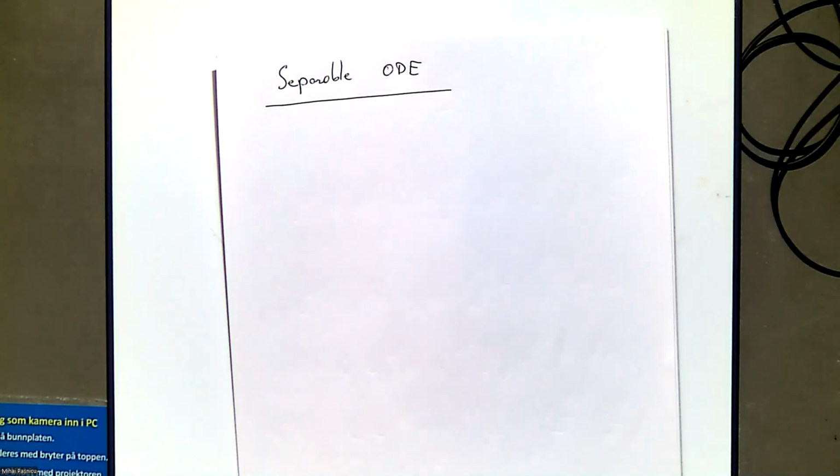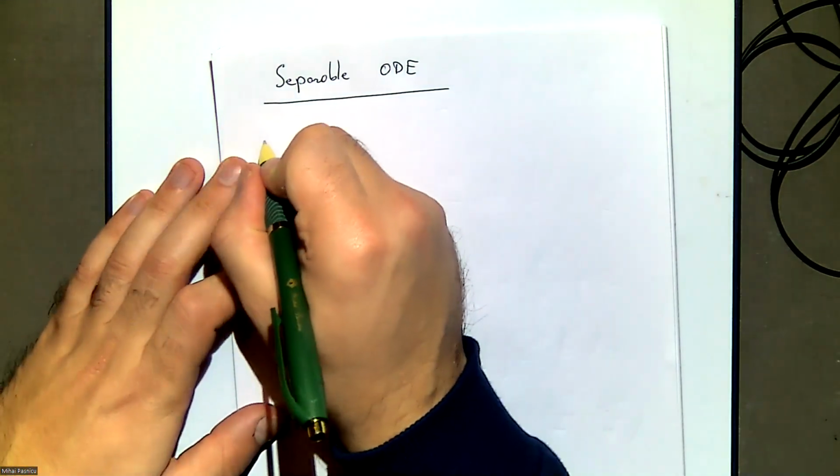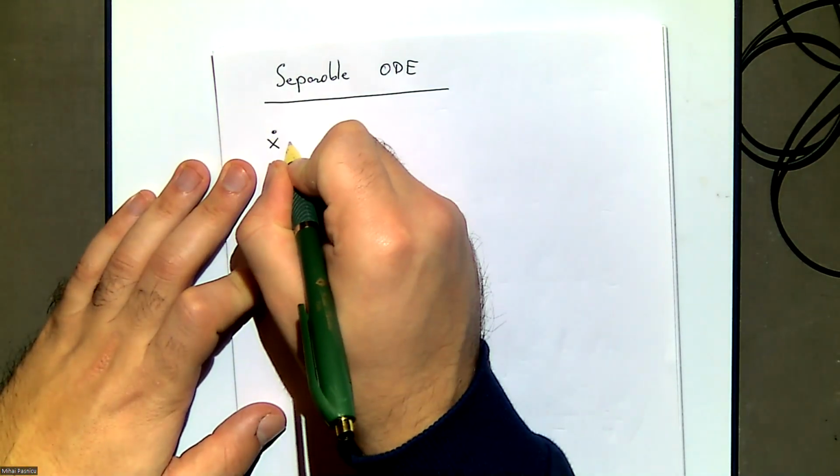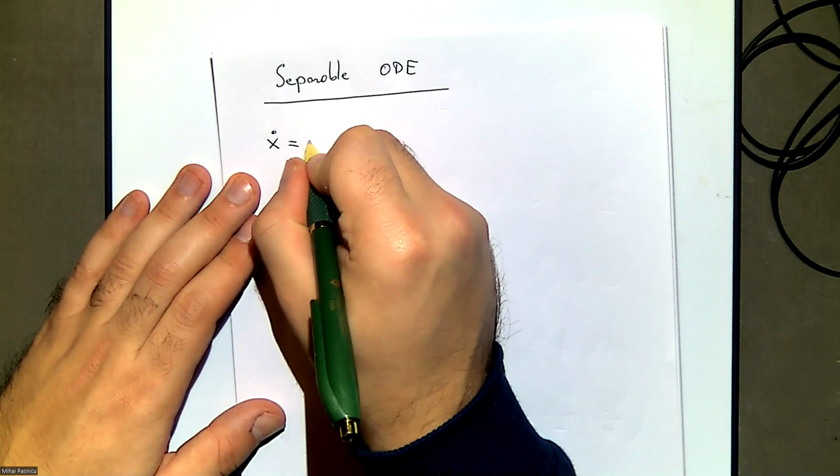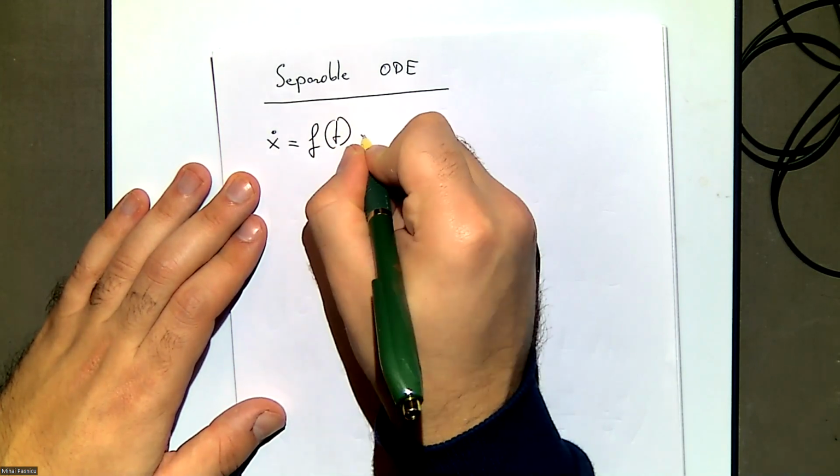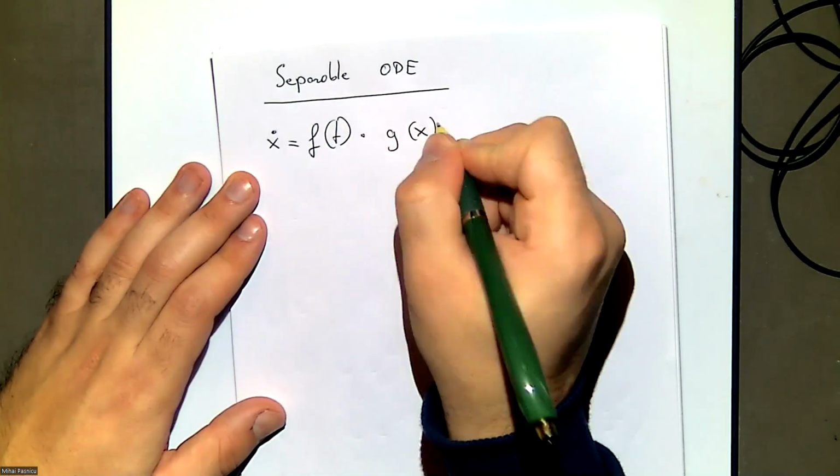Separable differential equations, you should, from the name, it means that you can just separate them, right? So they look like this: x dot, so the derivative, is equal to f of t times g of x.